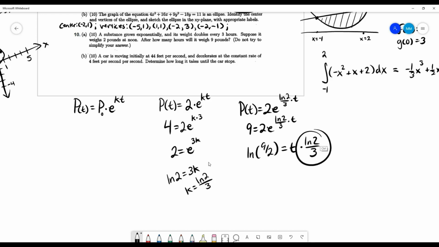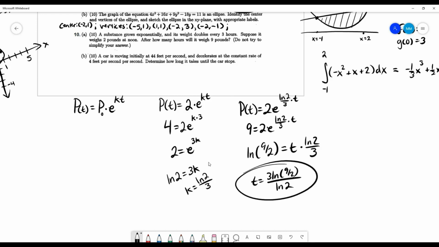And now just divide both sides by that. So it's going to be t equals this. There we go. Then whatever number that is is how many hours it will be. And it says do not try to simplify your answer, so I will leave it like that. So I'll say it is this many hours after noon.